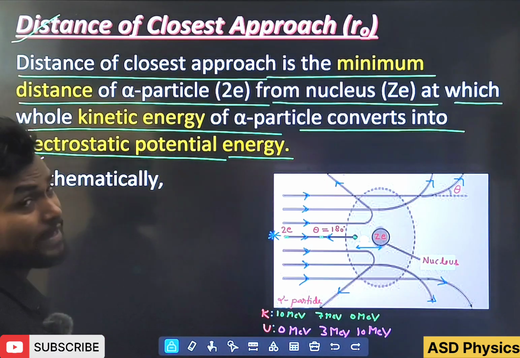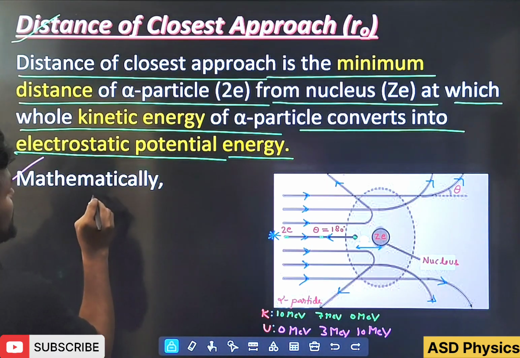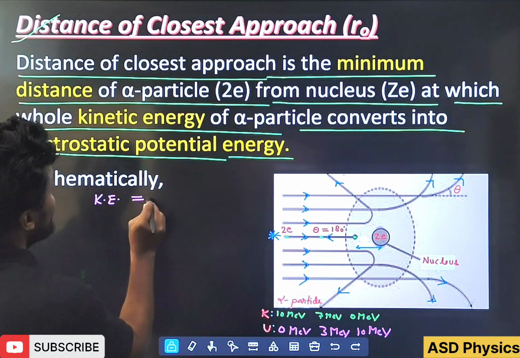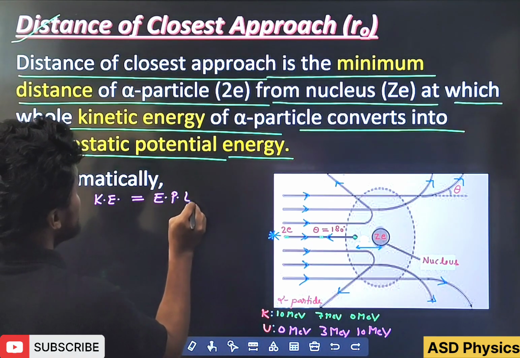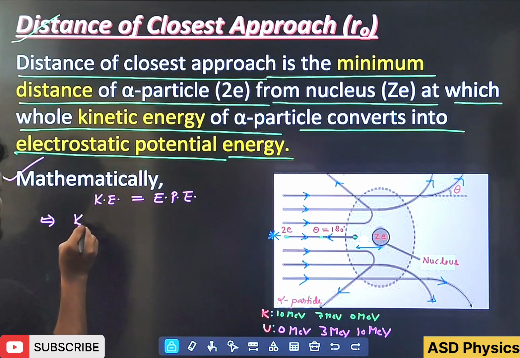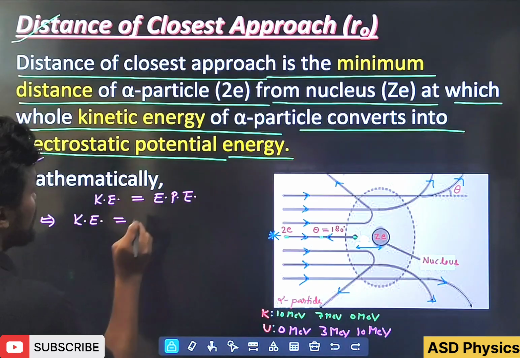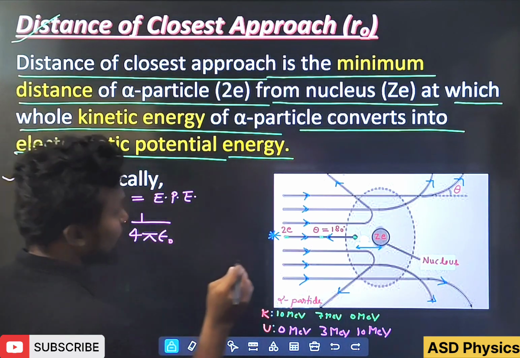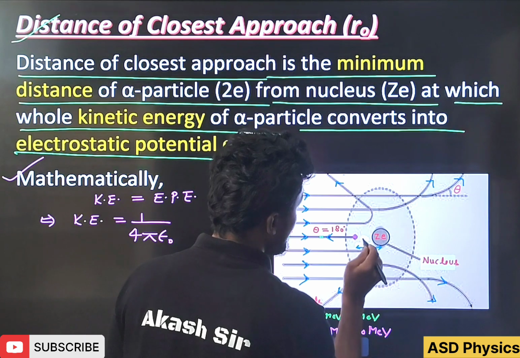So if I write it mathematically, remember that kinetic energy is equal to electrostatic potential energy. So now we can write kinetic energy equal to the potential energy formula: 1 by 4 pi epsilon naught, when the particle reaches here.